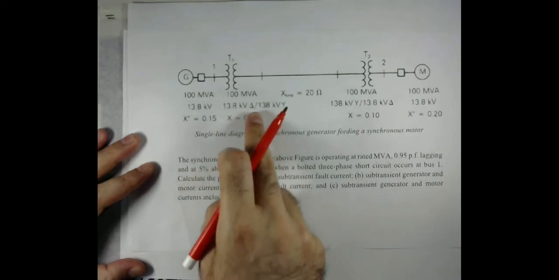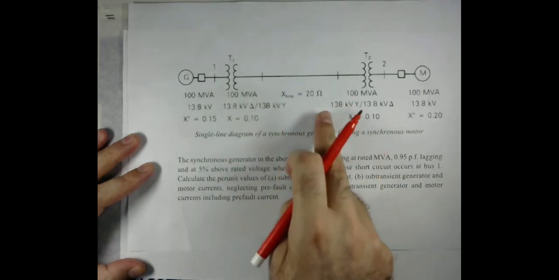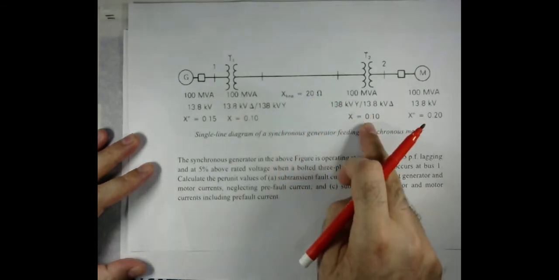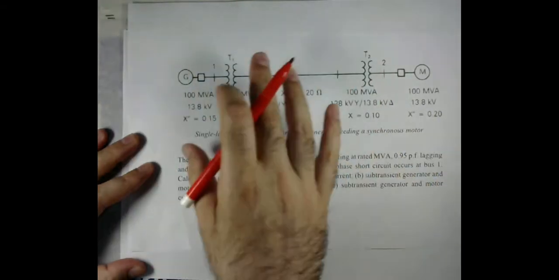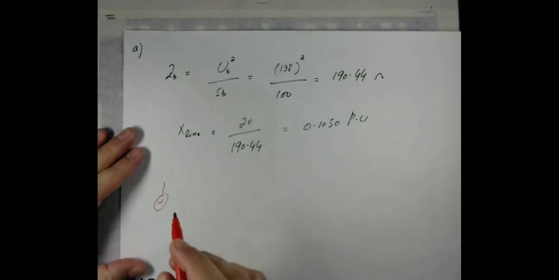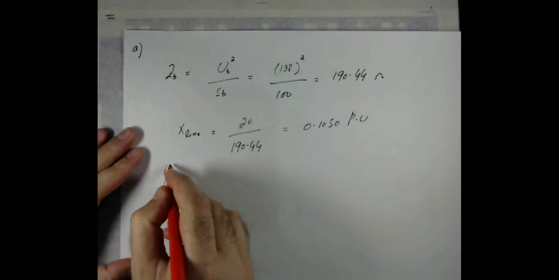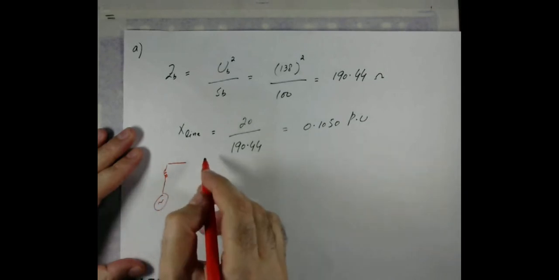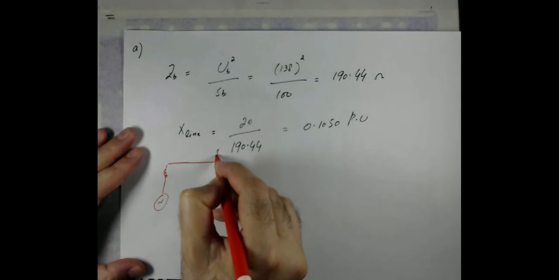Also we know the reactance of the transformer, that of the line, which we have converted into per unit, the other value, and the subtransient reactance of the motor. Using all this information, the equivalent circuit will become like that. Let's say that is bus number 1.